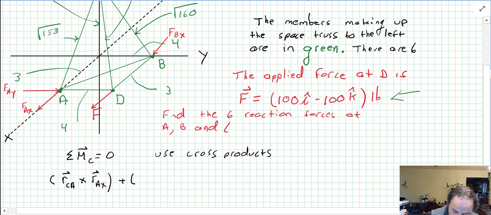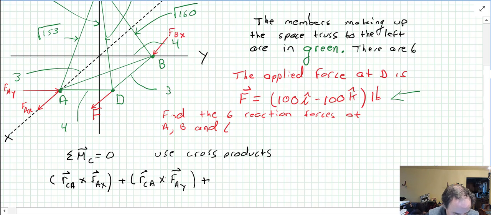So RCA again, crossed with the Y component of the reaction at A.